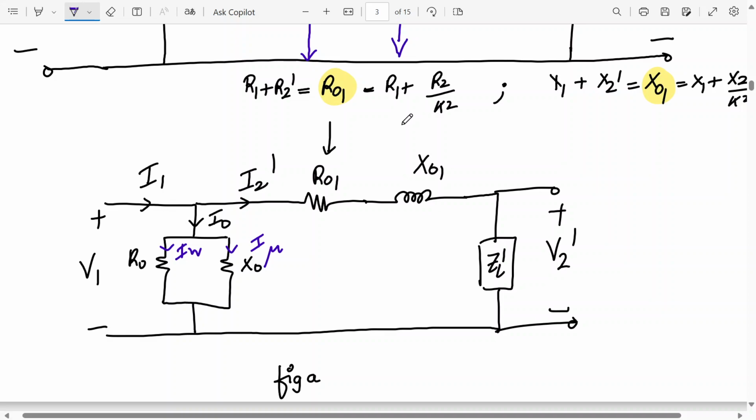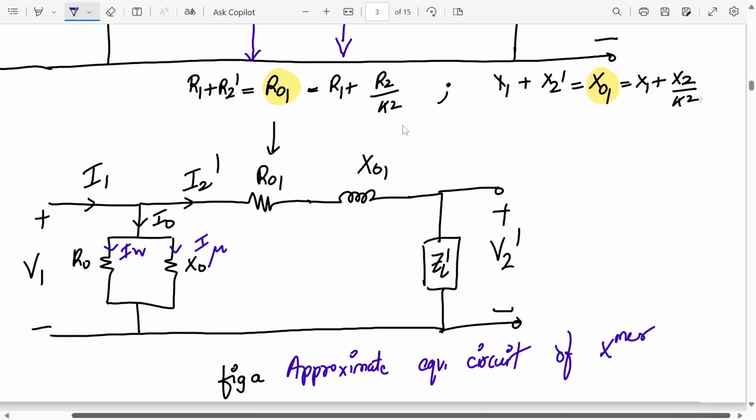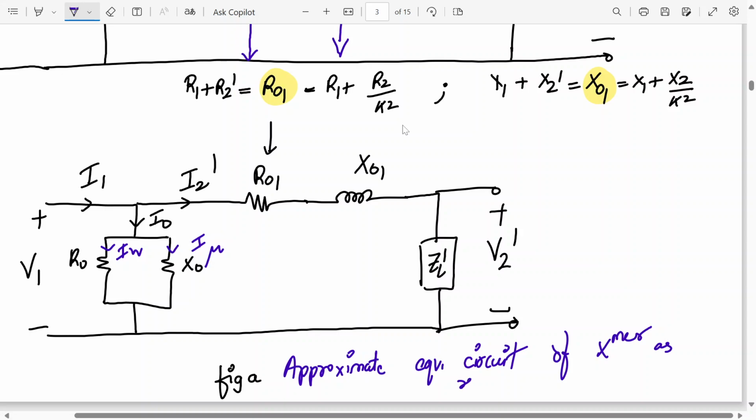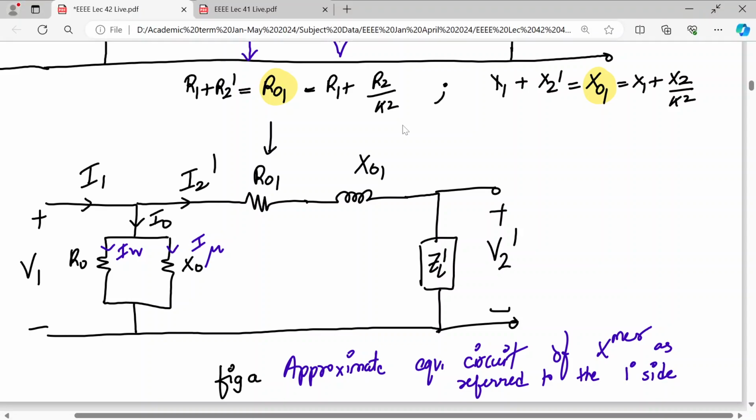This is called the approximate equivalent circuit of the transformer referred to the primary side.